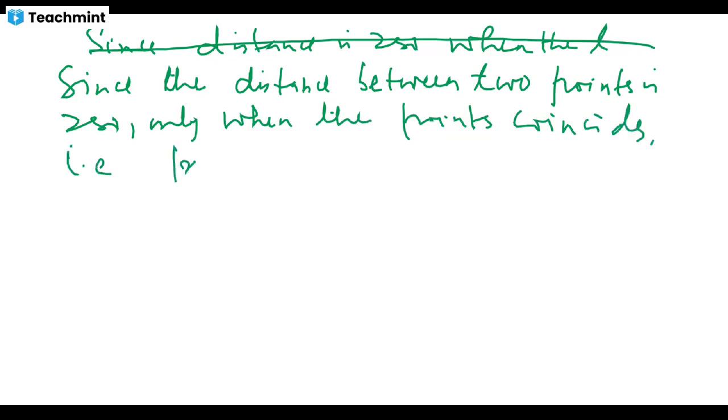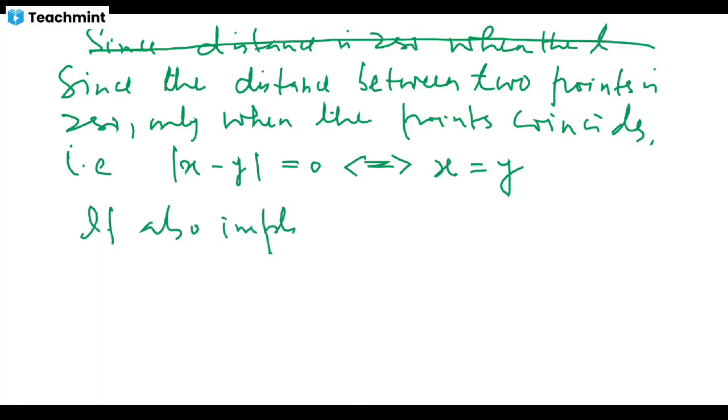That is, the distance mod of x minus y is 0 if and only if x is equal to y. And it also implies that when the distance between two numbers is positive, then surely the numbers are not the same. They are going to be different numbers, because for the same numbers the distance is always 0. So these are some of the properties of the distance function, or the absolute value function that you have.